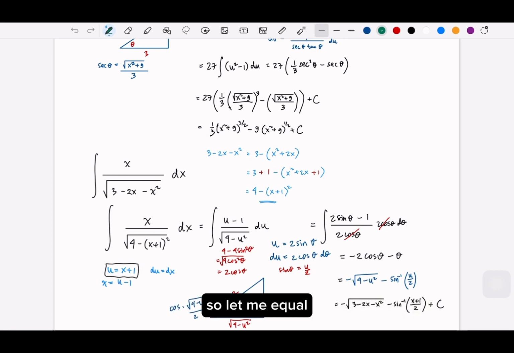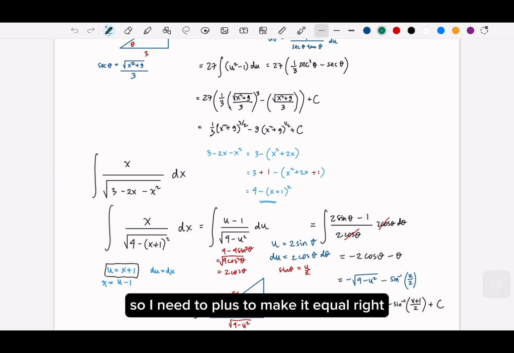If I add 1 here, this will be minus 1, right? The minus in front of the bracket makes this 1 become minus.